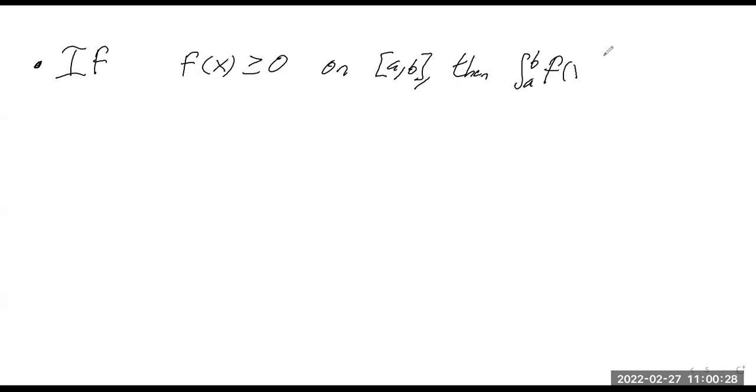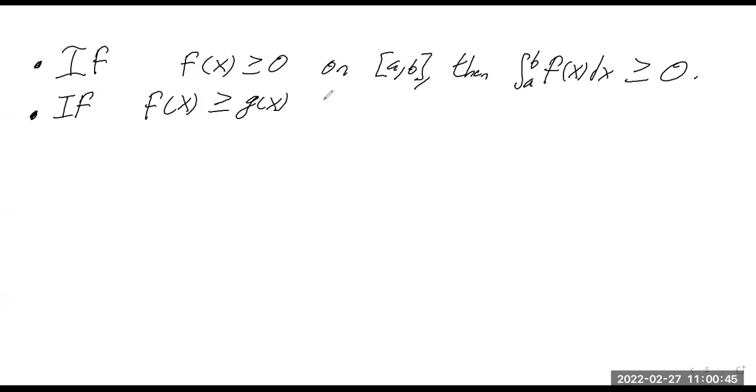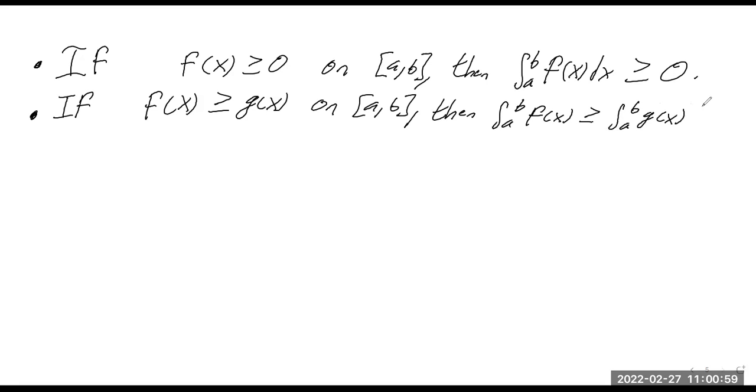Well, then the integral of f over a to b has to be greater than or equal to 0 as well. And what that does is it gives us the following property. If I take f to be bigger than or equal to g on that same interval, then we have the integral of f on that interval is bigger than or equal to the integral of g on that interval.